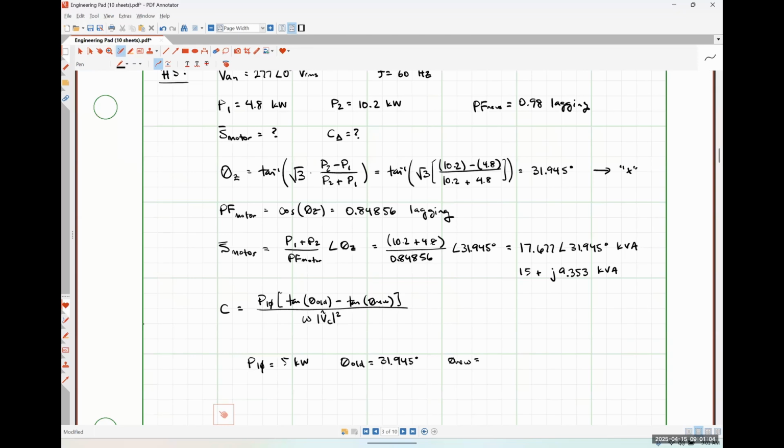So inverse cosine of PF new, I get 11.478 degrees. I'm going to store this as, actually, I'm going to store it as Z because I didn't write this down, but I stored this guy as Y earlier.